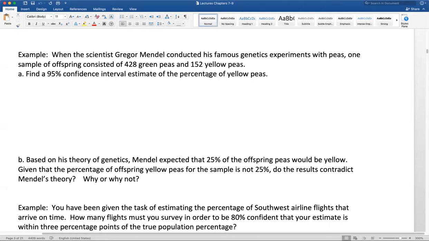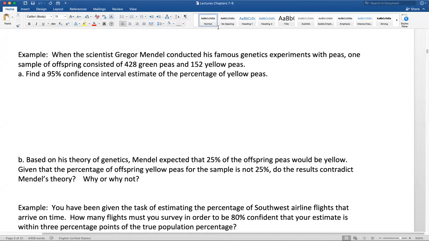So let's figure out the sample proportion of yellow peas, which is 152 out of what? 428 plus 152, so the sample size is going to be 580. Okay, so sample size 580, and 152 peas are yellow out of 580. So that's going to be p hat, right?